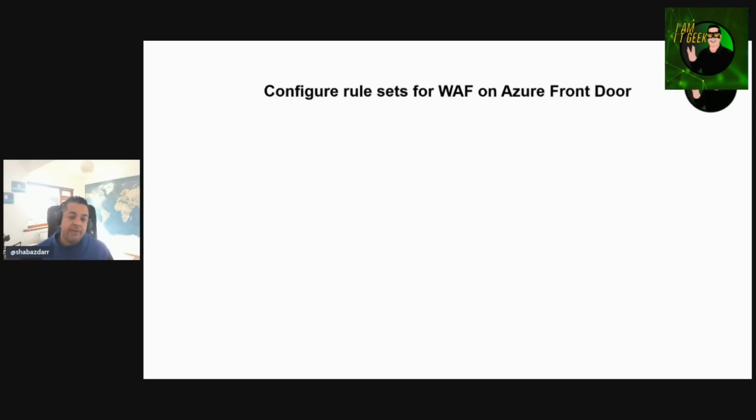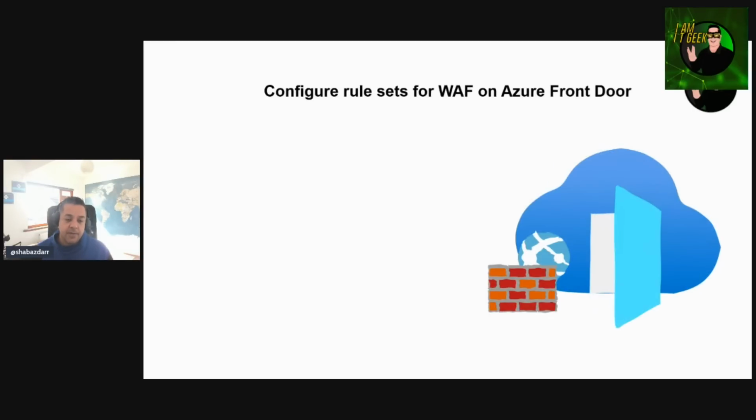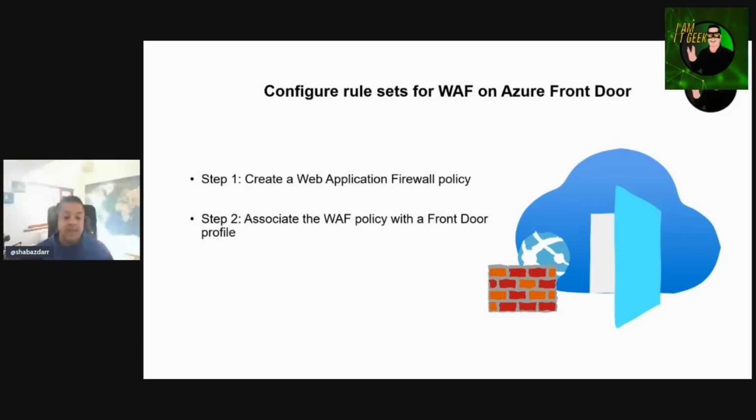So we'll talk about configuring rule sets for WAFs on Azure Front Door before I finish this up. There are some key stages in creating a WAF policy on Azure Front Door using the Azure portal. First, you create a web application firewall policy. This is where you create a basic WAF policy with a managed default rule set, DRS. Step 2 is to associate the WAF policy with the Front Door profile.